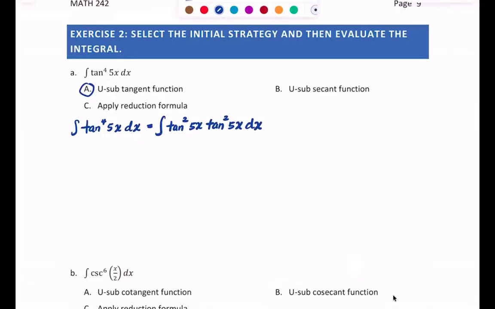So we break 2 off and change the tangent squared to secant squared minus 1.